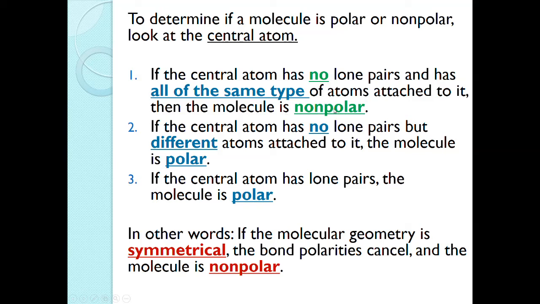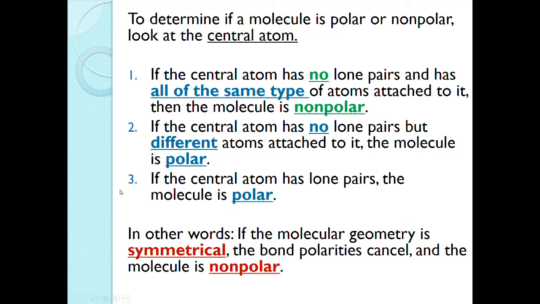Okay, so rule number 2, if your central atom has no lone pairs, but the atoms attached to it are different, then the molecule is going to be polar. Okay, so the only difference between rule number 1 and rule number 2 is the atoms attached to it. So if they're the same type of atoms, then it's going to be nonpolar. But if it's different atoms, then it's going to be polar.